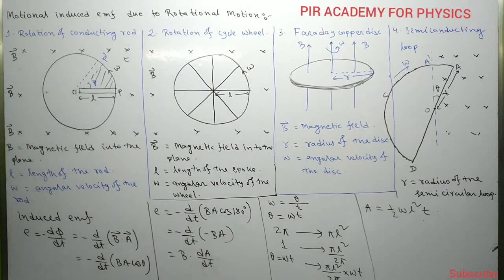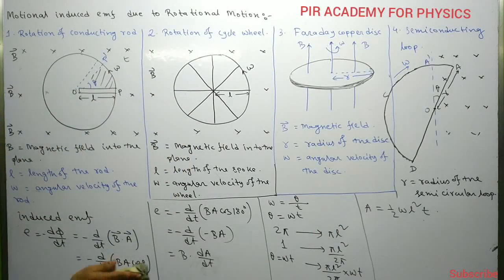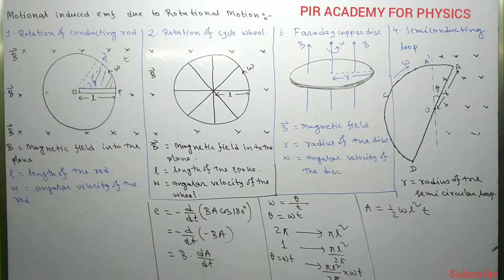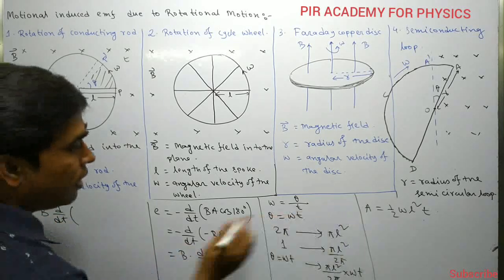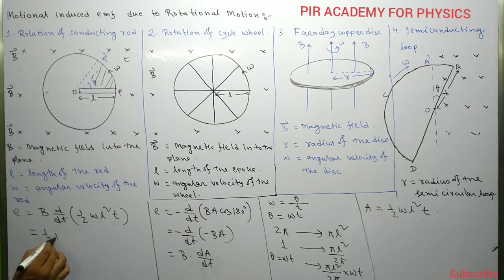This is the area. Now you have to put this area in this equation. Then the induced EMF E equals B d by dt of the area, which is half omega L square t, so half B omega L square, and dt by dt means 1. The induced electromotive force equals half B omega L square.